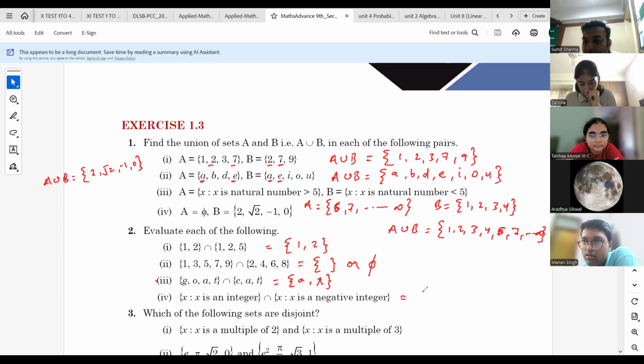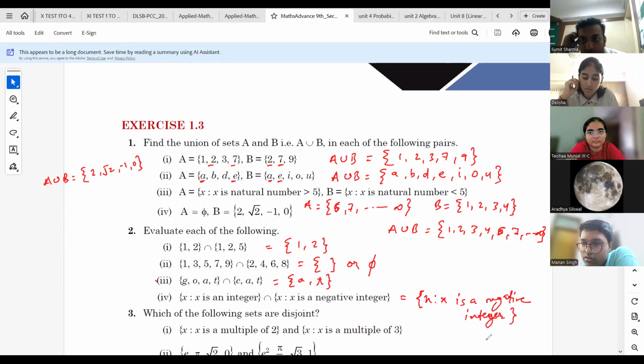What will be common in integer and negative integer? It will be negative integer only. So the answer is x such that x is a negative integer. Right? So this is how we use intersections. I hope this is clear to everyone.